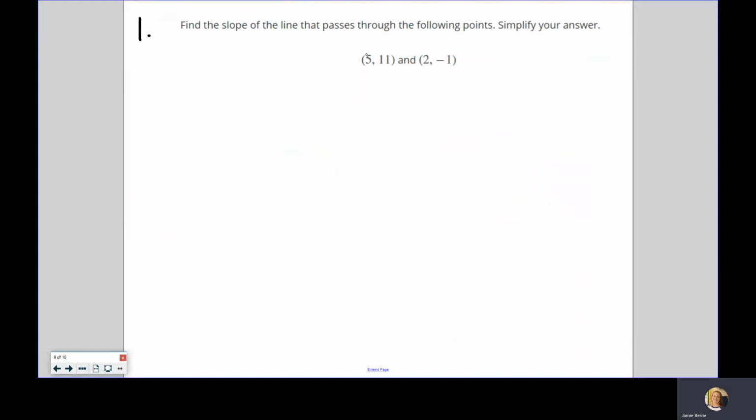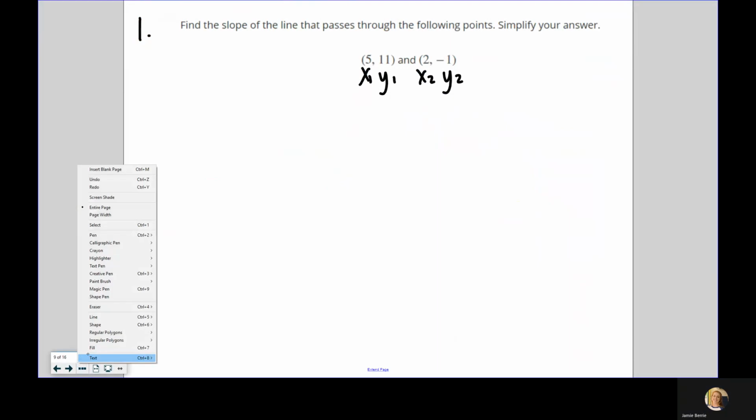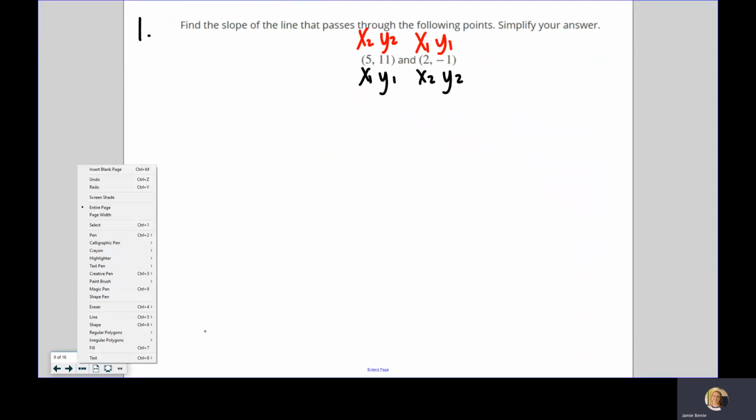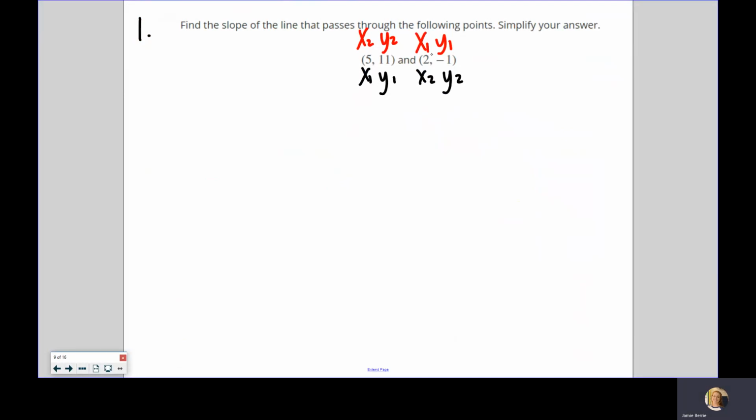I'm going to start by labeling my points x1, y1, and x2, y2. Now, you could have called the first one x2, y2, the second one x1, y1. It does not matter. You'll get the same answer either way. But I just like to label them in order. This was the first point, so I called it x1, y1. This was the second point, so I called it x2, y2.